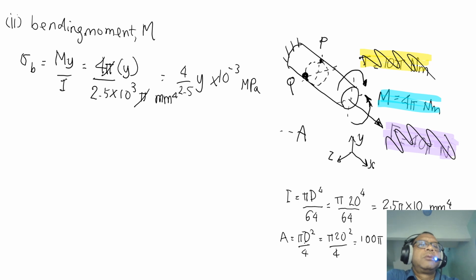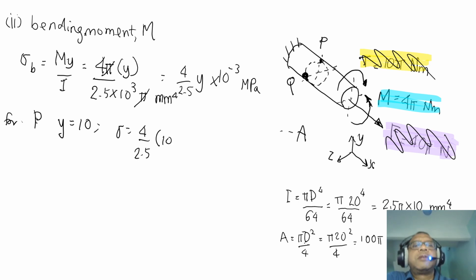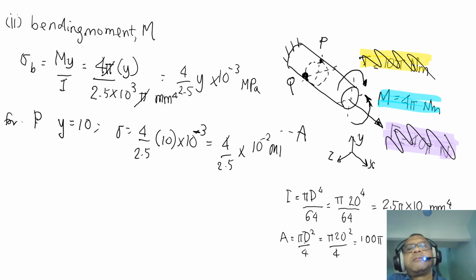Yeah, so our M is for P, y equals to 10. Yeah, so sigma equals to 4 divided by 2.5 times 10 times 10 to the minus 3, so equals to 4 divided by, yeah, I'm going to leave that, 2.5 times 10 to the minus 2 megapascal.